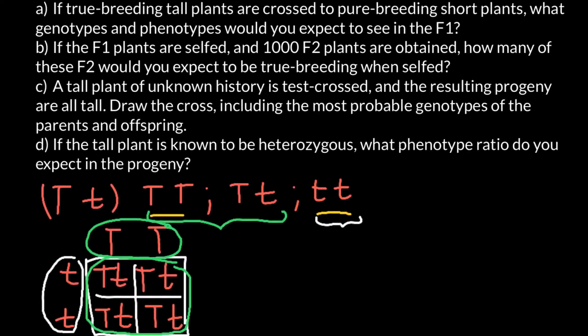Now question B: if F1 plants are selfed and 1000 F2 plants are obtained, how many of these F2 would you expect to be true breeding when selfed?